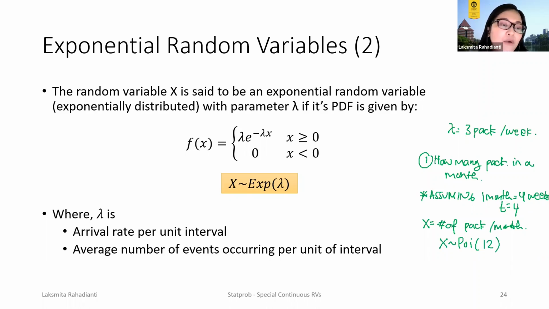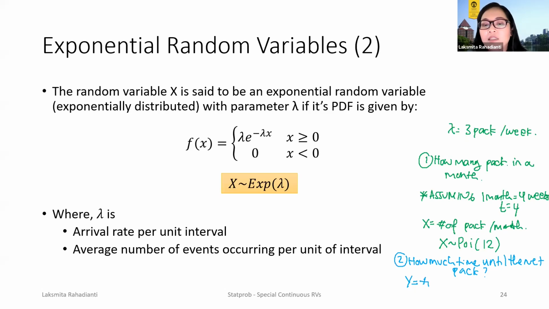But if I was asked how much time until the next package, since I just received a package today, for example, then if I note Y as my other random variable, the time between packages, my Y would follow the exponential distribution with the parameter of lambda.